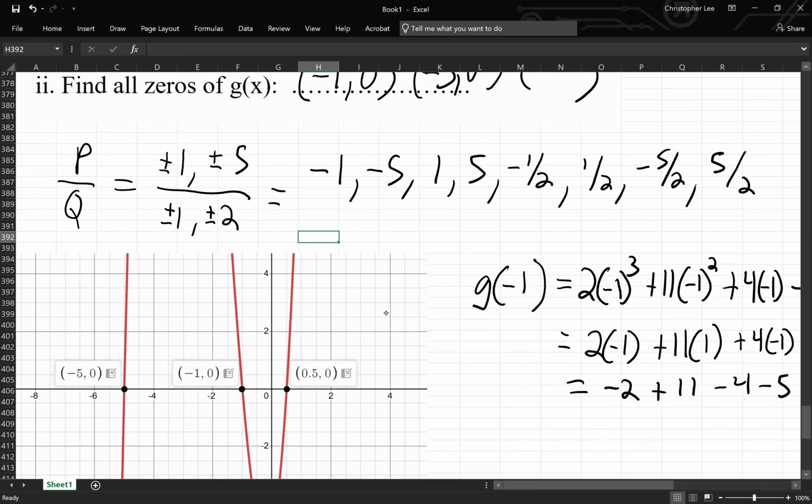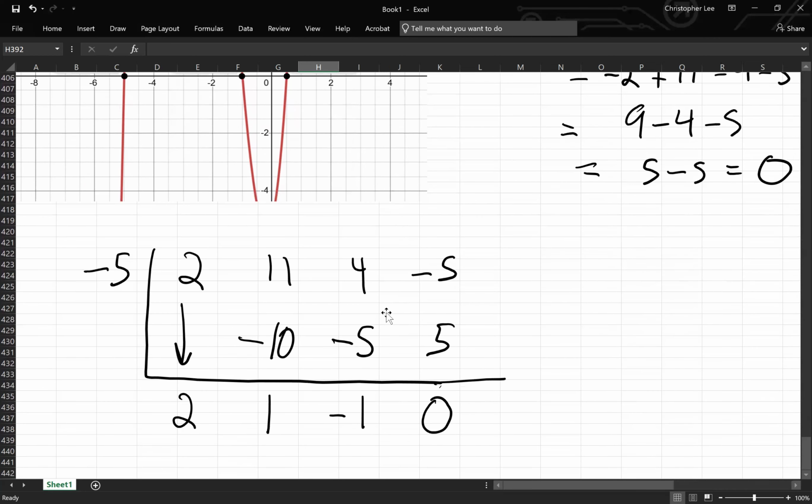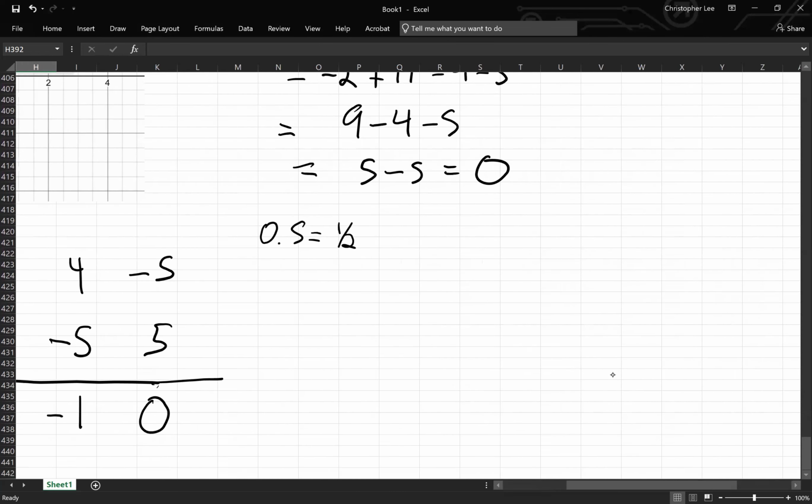And for another one, you can use long division. I see that 0.5 is one of the x's. 0.5, remember, is the same thing as 1/2. So now let's say I wanted to do long division for this. I have x equals 1/2, or 0.5. What you want to do is put this as a factor. So I'm going to multiply this by 2. If I do it to one side, I have to do it to the other.